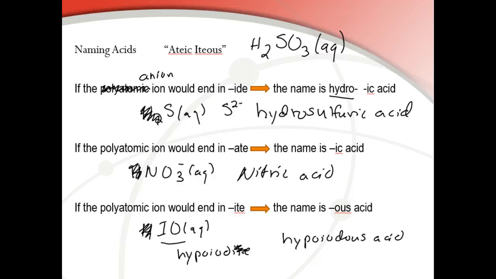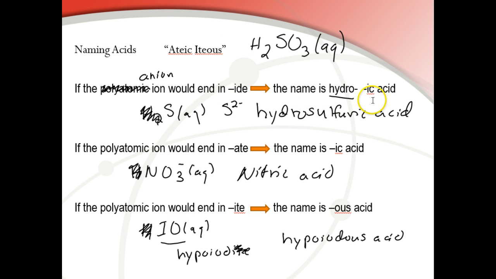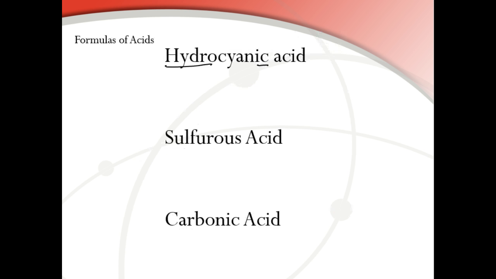Let's look at going from the name to the formula. What we have to do is basically go backwards. Here we've got hydro ending in IC. That came from an anion that ended in IDE, so instead of cyanic, it should be cyanide, one of the ions you had to remember, CN minus.